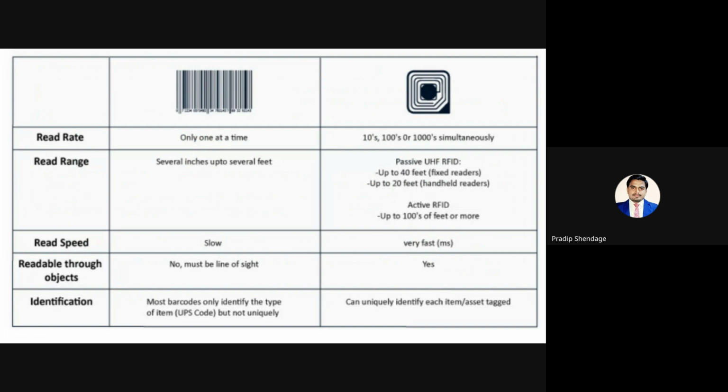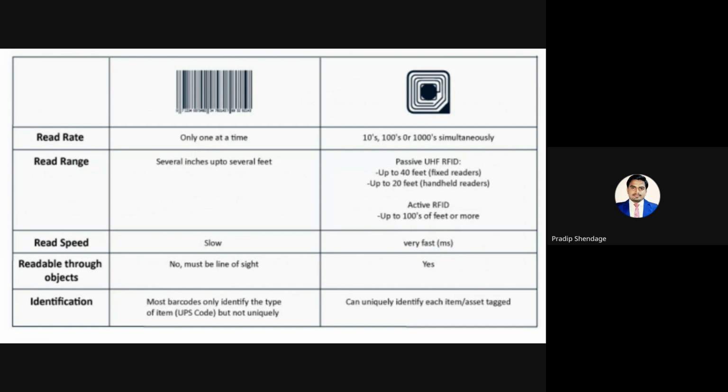The read range of a barcode is several inches up to several feet, but for RFID it depends on the tags. It is up to 40 feet for fixed readers and up to 20 feet for handheld readers. But for active tags it is different, up to 100 feet or more.